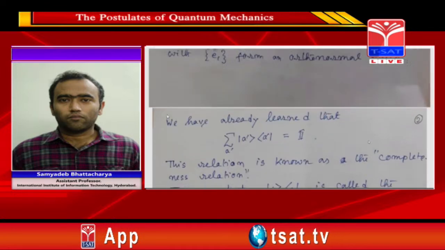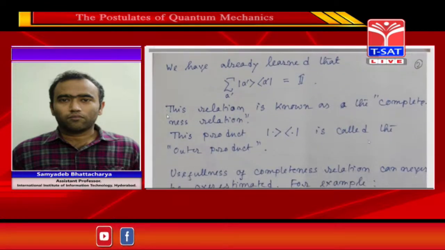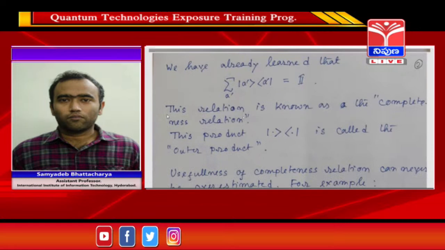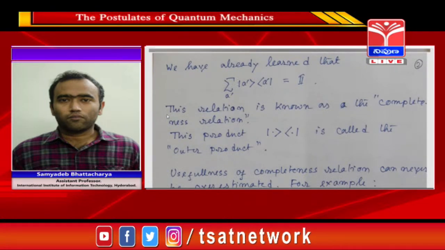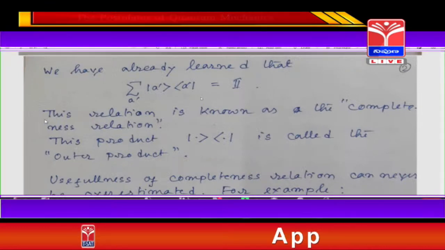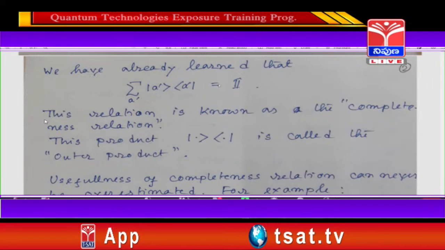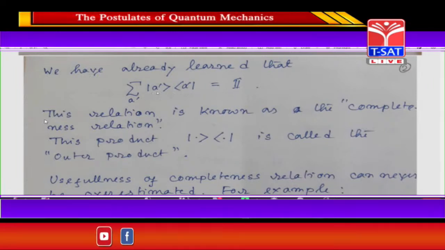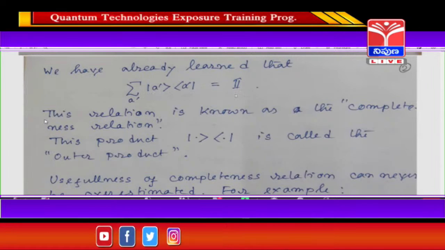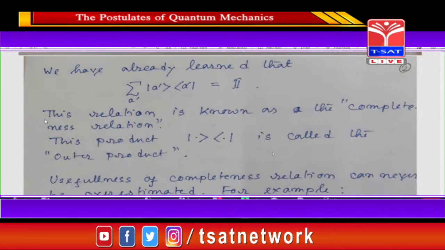So this is analogous to the vector projection that I just explained. So what is the completeness condition technically? Since A prime gives you a matrix, if we sum over all the A primes, it should be equal to identity. Identity in the form of a matrix, that is the identity matrix. The ket vectors and these operators are represented in matrix or vector form, which I will explain later.